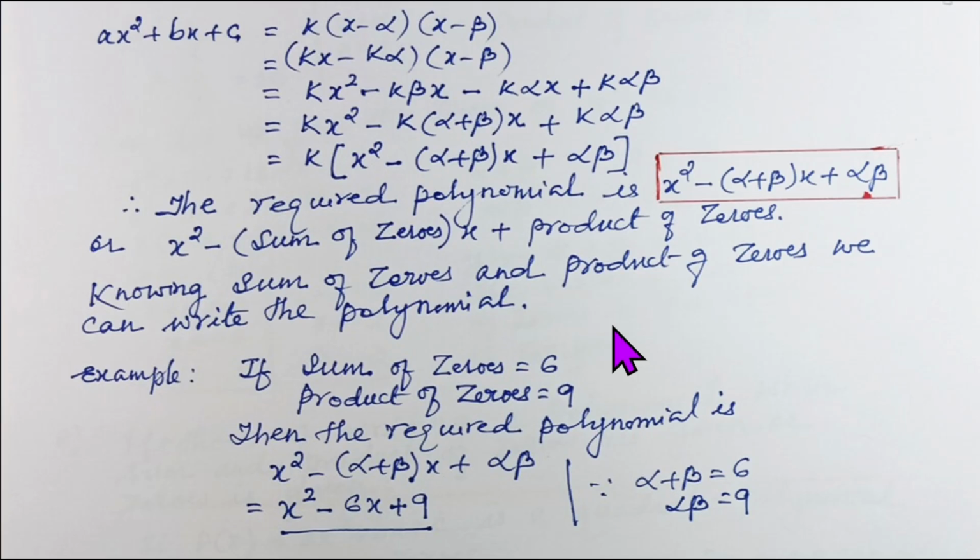Generally the mistake done is this: if the zeros are given, it is easy, but if the sum and product of zeros are given, then be careful, don't add 6 plus 9 and multiply 6 by 9 to write the polynomial. Therefore remember, be careful when you solve the examples. Okay.